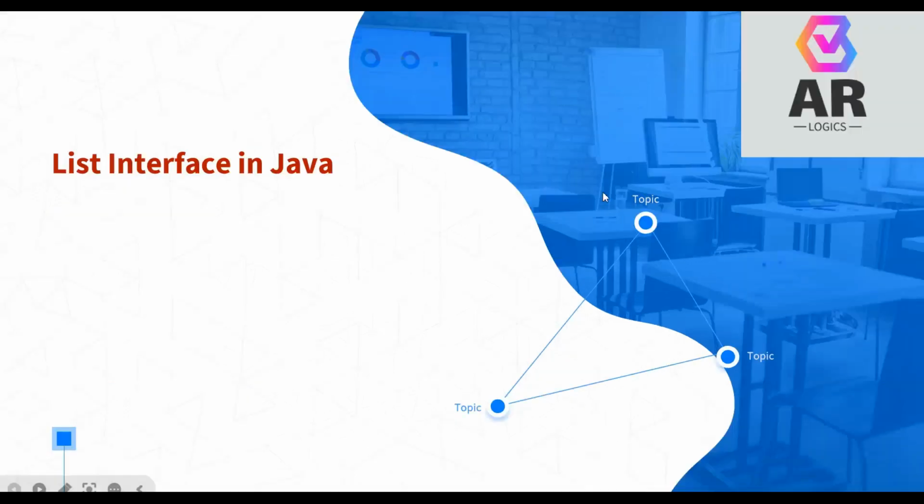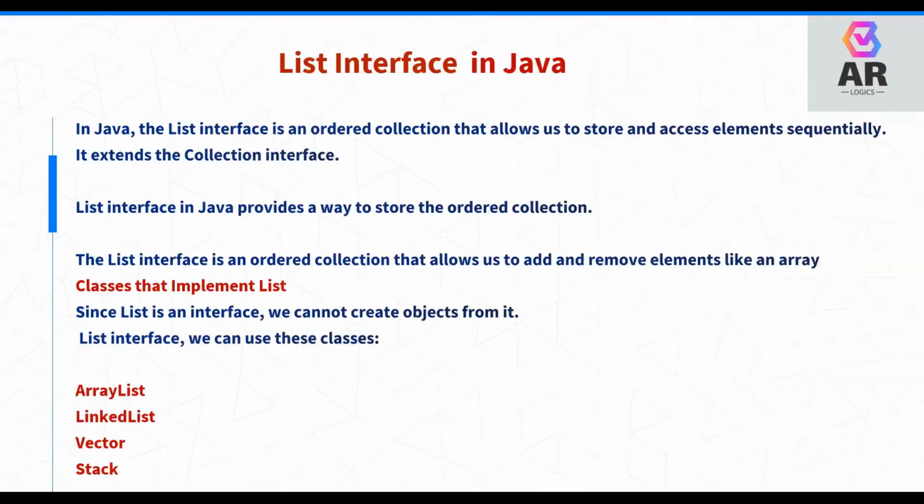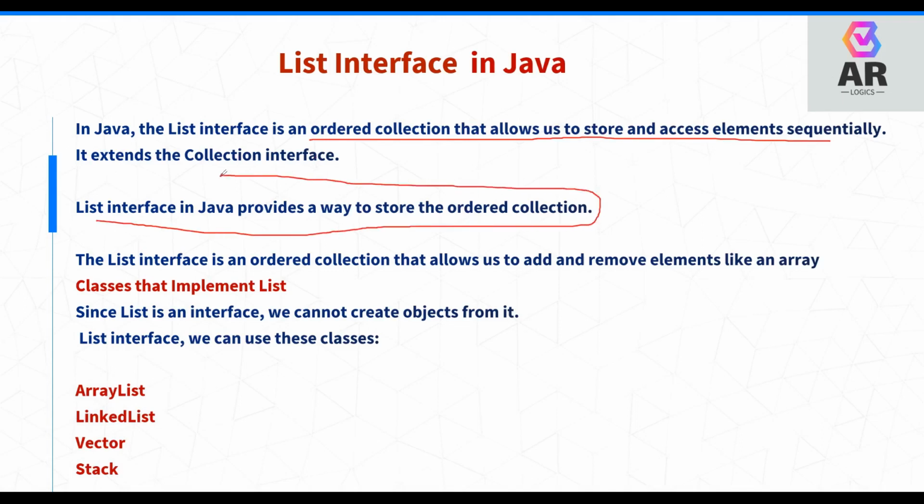What is a list interface? List is an ordered collection that allows you to store and access elements sequentially, like an array. The list interface provides a way to store ordered collections, 1 2 3 4 5 like that.